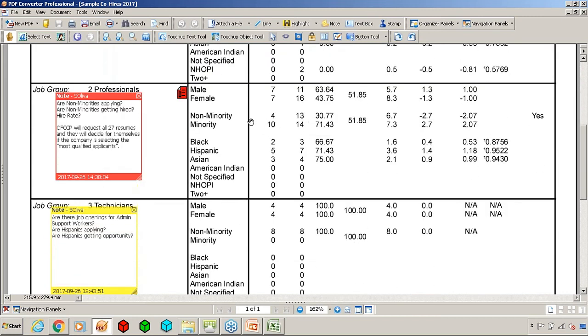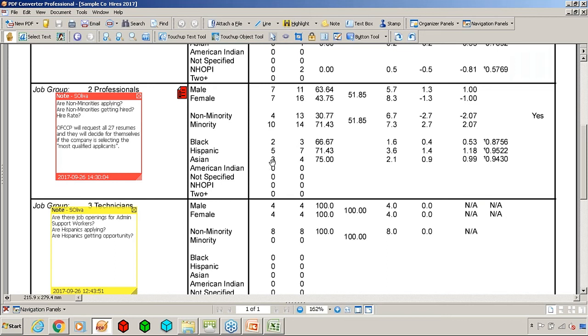So then what do they do? They go back and take a look at the non-minority applicants and the minority applicants, and they would look at your applicant log, and they would look at all these resumes and applications, and they would decide for themselves, did you hire the most qualified? So these 14 that were hired right here need to be the most qualified individuals.